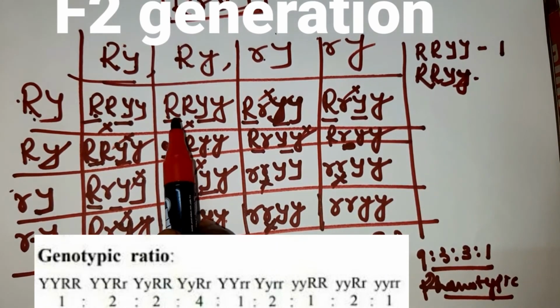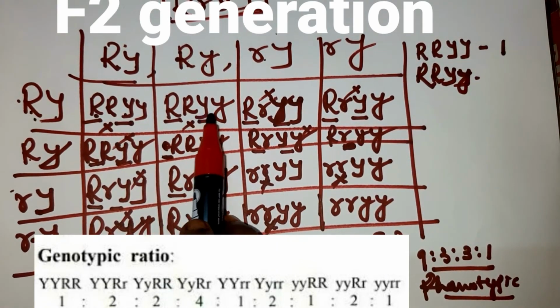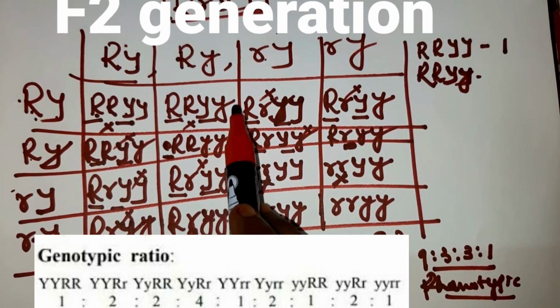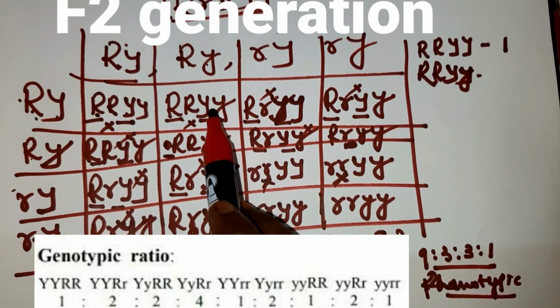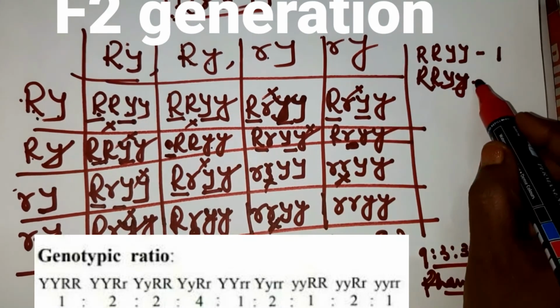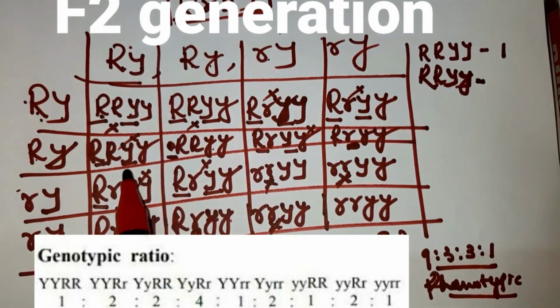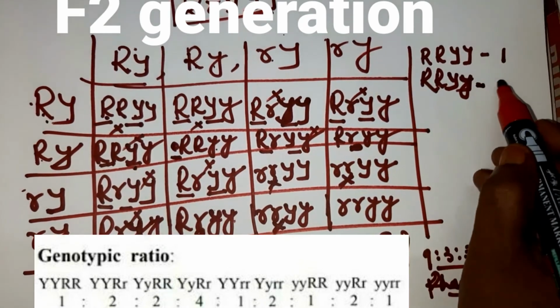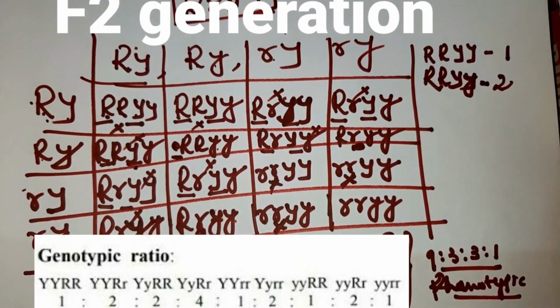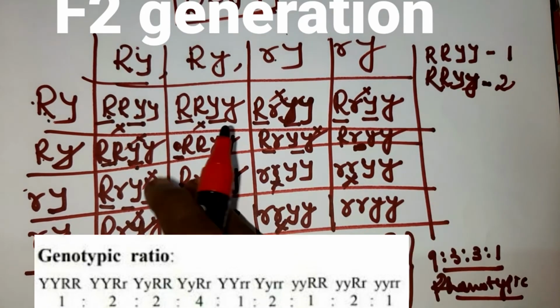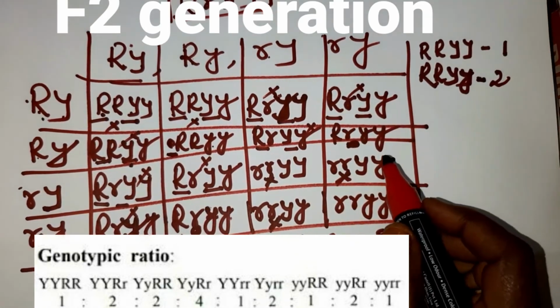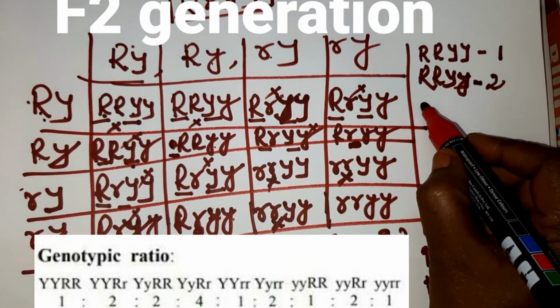This is what? Round, yellow, but you find green. You find the green recessive character here. So that also you have to take, children. So you can see here you have 1 and you have here 1. So you find 2, children. Clear, children? 2. Like that you have to go on checking all the characteristics, children.